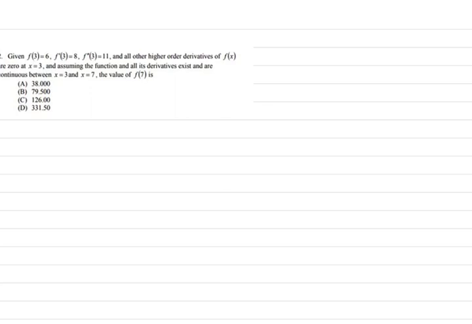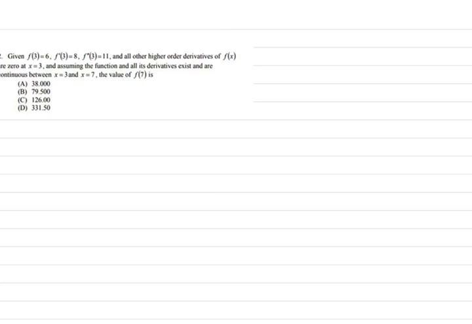And assuming the function and all its derivatives exist and are continuous between x equals 3 and x equals 7, the value of f of 7 is: A 38.0, B 79.5, C 126.0, D 331.5.